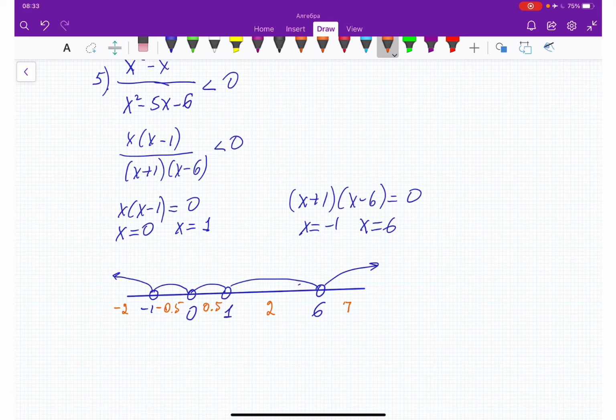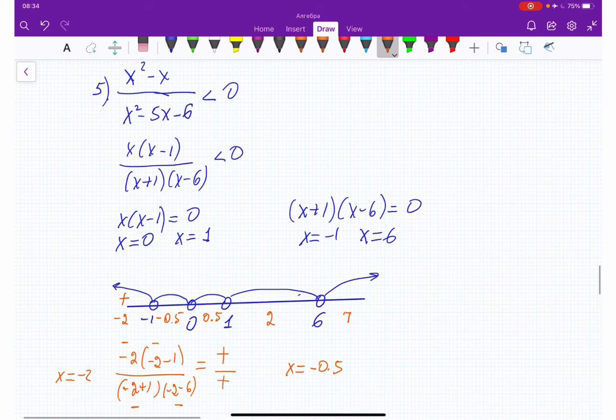It's going to be -2 minus 1. So this is negative, this is negative. Result is going to be positive. At the bottom, we will have -2 plus 1, it's negative. -2 minus 6 is negative. Result is going to be positive. So here it's going to be positive. X is equal to -2. Next, x is equal to -0.5. I am plugging the result right here.